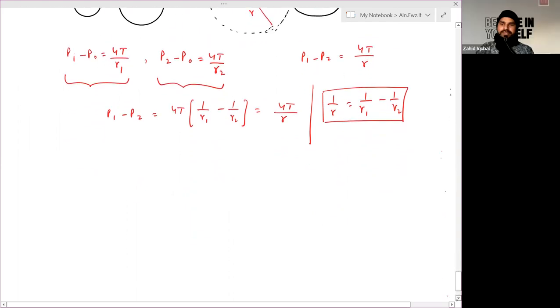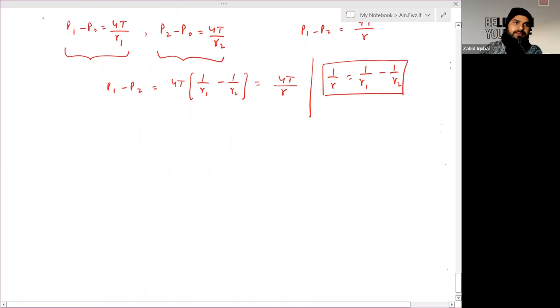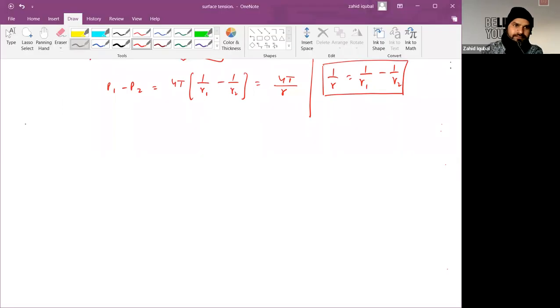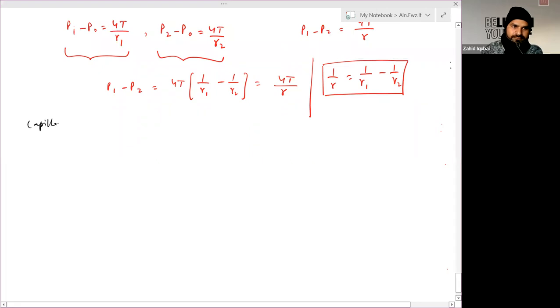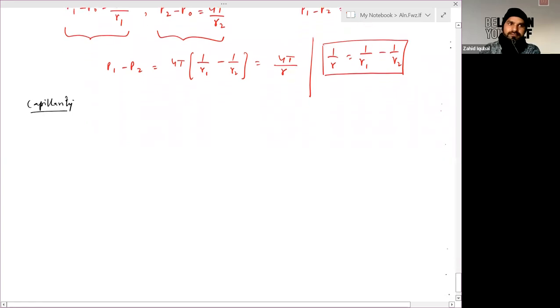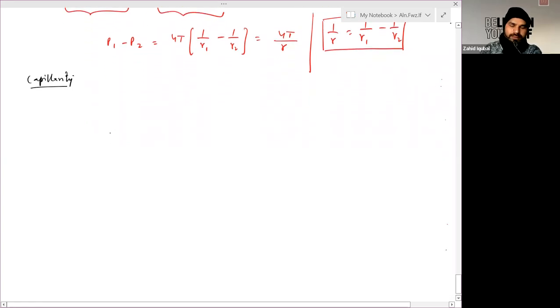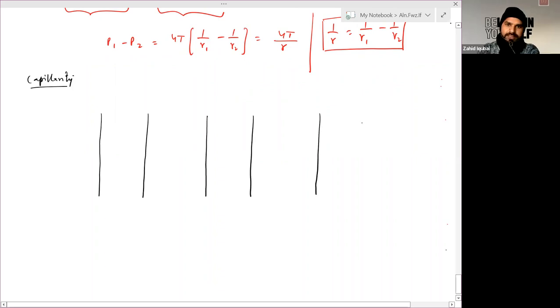Now, the last concept of this hydrostatics part is capillarity. Suppose in a particular capillary tube, which is immersed in a fluid, due to their interaction, the meniscus of liquid in this tube will be of 3 different types.